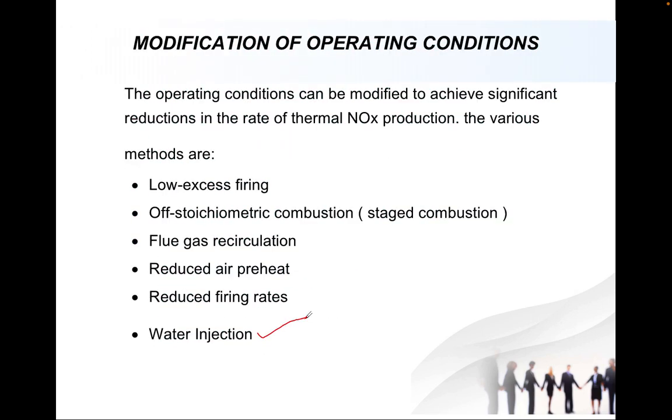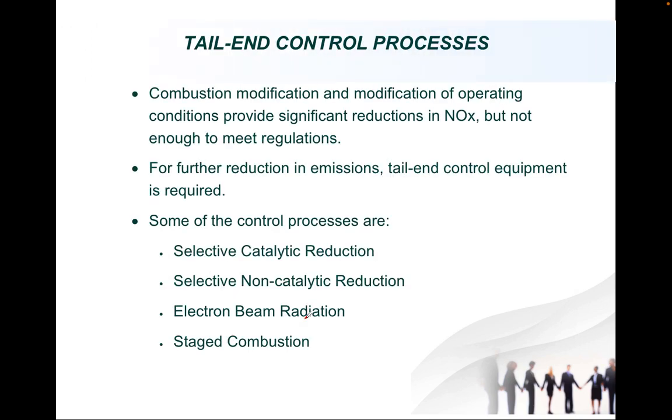I think these methods we already studied in IC engines, internal combustion engines. There also we try to reduce the nitrogen oxide level. Now another type, the devices, particularly different devices we can use, which are categorized as tail end control processes, in which you can use different types of catalytic converters. The flue gas coming out from the combustion chamber, we can pass through the catalytic reduction, where the nitrogen oxides will react with the catalysts present there, and after that only nitrogen gas will come out from the catalytic converter.